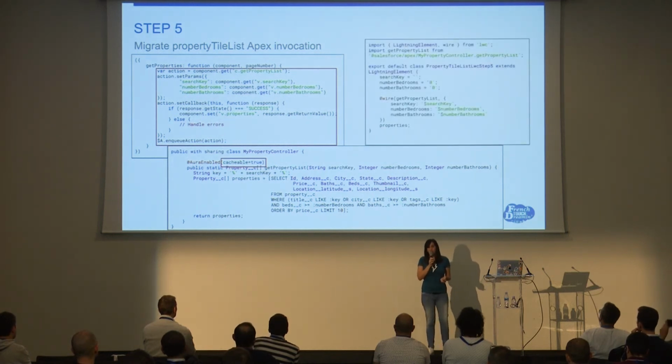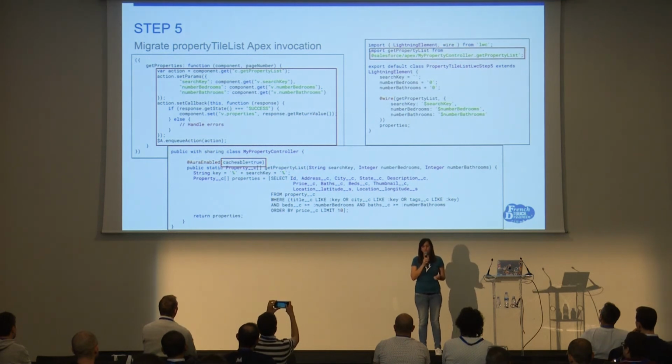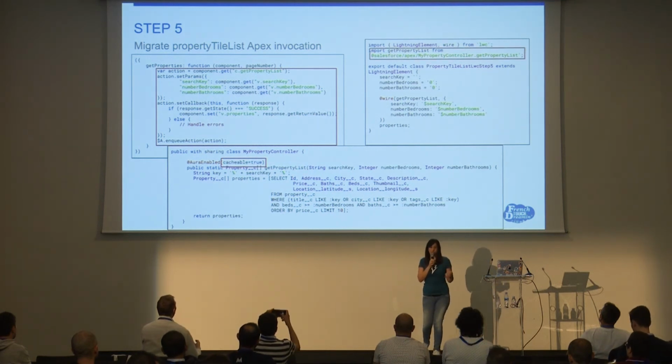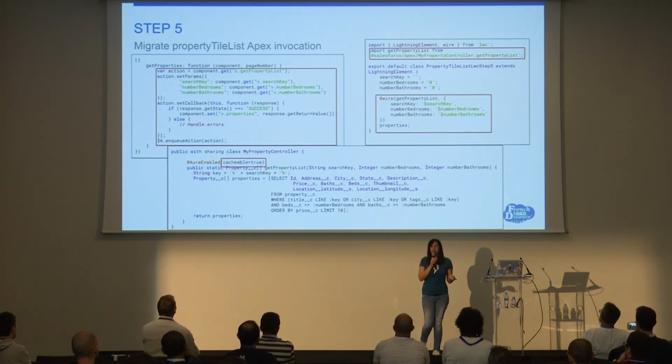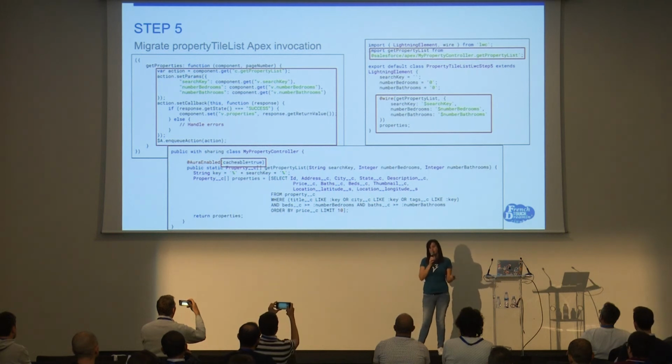The way that we have to use the wire service in Lightning Web Components is another decorator called wire. So what we do is we import the Apex method that we want to use, and then we use the wire decorator. The wire decorator receives 2 parameters. First one is the method that we want to call.